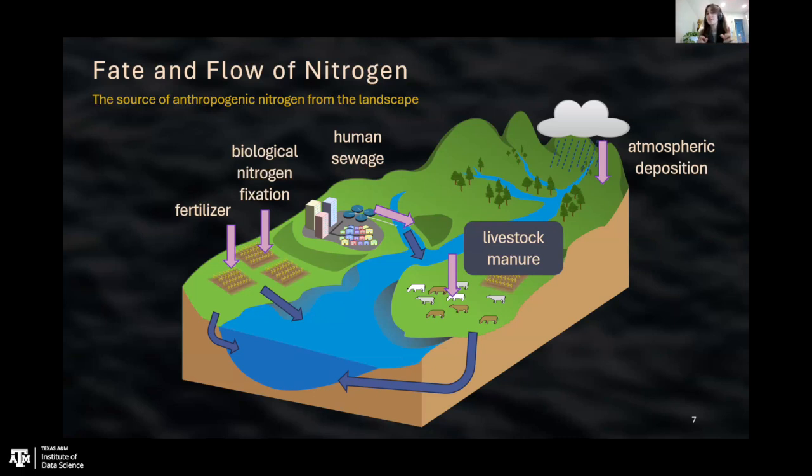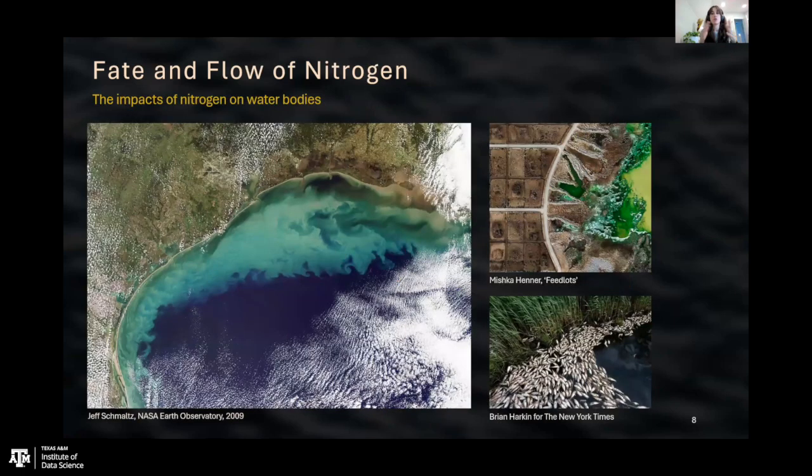We don't have a good understanding of the relationship between what goes in and how or when it shows up in the river. And so, this is an incredibly large issue.